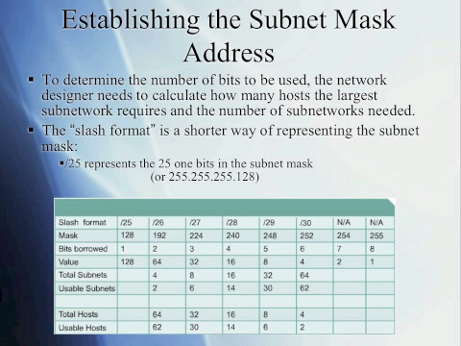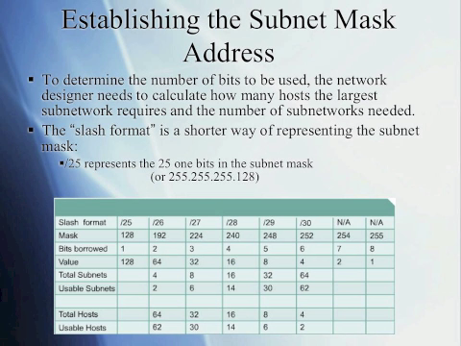We identify that is a what class? Class C, which tells us that the first 3 octets have been reserved for the classful original network, so we can't touch the first 3 octets. Which means we have 1, 2, 3, 4, 5, 6, 7, 8 bits available to us that we can borrow from to create smaller networks for our 3 networks that we have here.